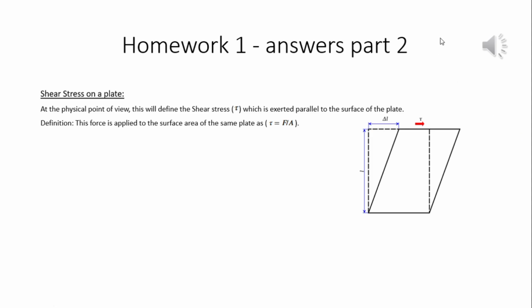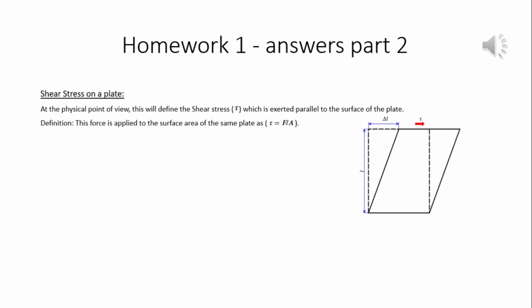So, shear stress on a plate. From the physical point of view, this defines the shear stress, tau, which is exerted parallel to the surface of the plate. Definition: the force is applied to the structural area of the plate, so tau equals force divided by the surface area.